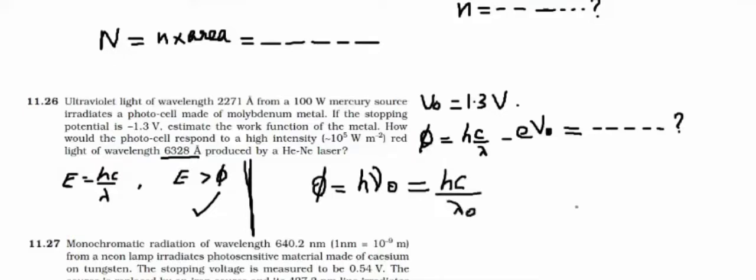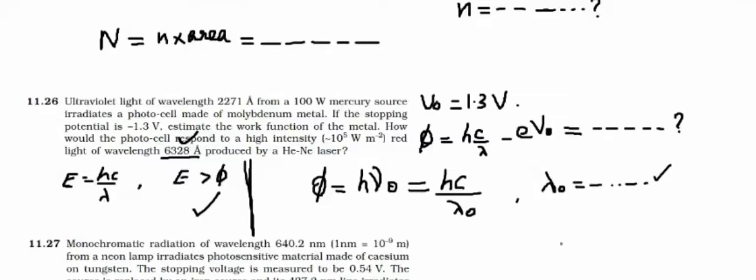What is lambda naught? Lambda naught is the threshold wavelength. Using this formula, you find the value of lambda naught. Once you get it, you compare lambda naught and the given wavelength. What you have studied is that frequency should be greater than threshold frequency. If we explain the same in terms of wavelength, then wavelength should be less than threshold wavelength.